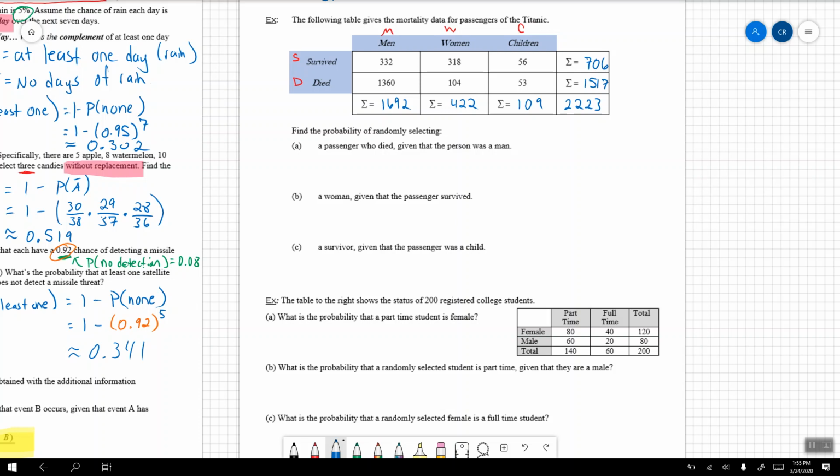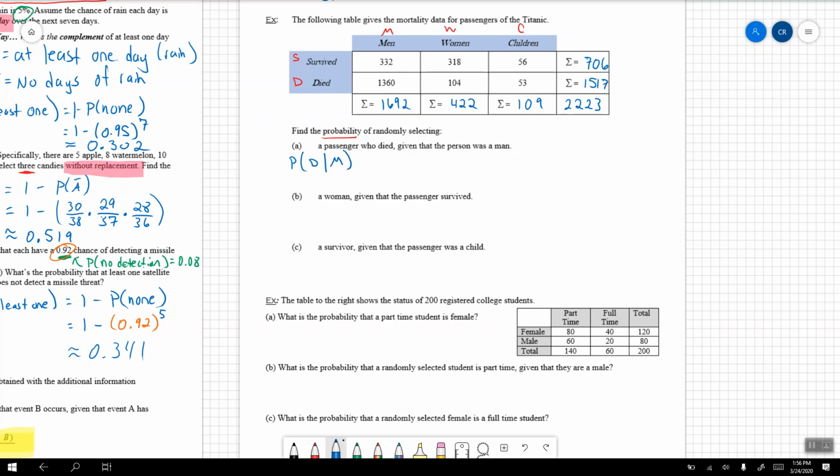We then have to transfer it into mathematical notation. So we are trying to find the probability of randomly selecting a passenger who died given, so there's that word given, that means a vertical bar, given that a person was a man.